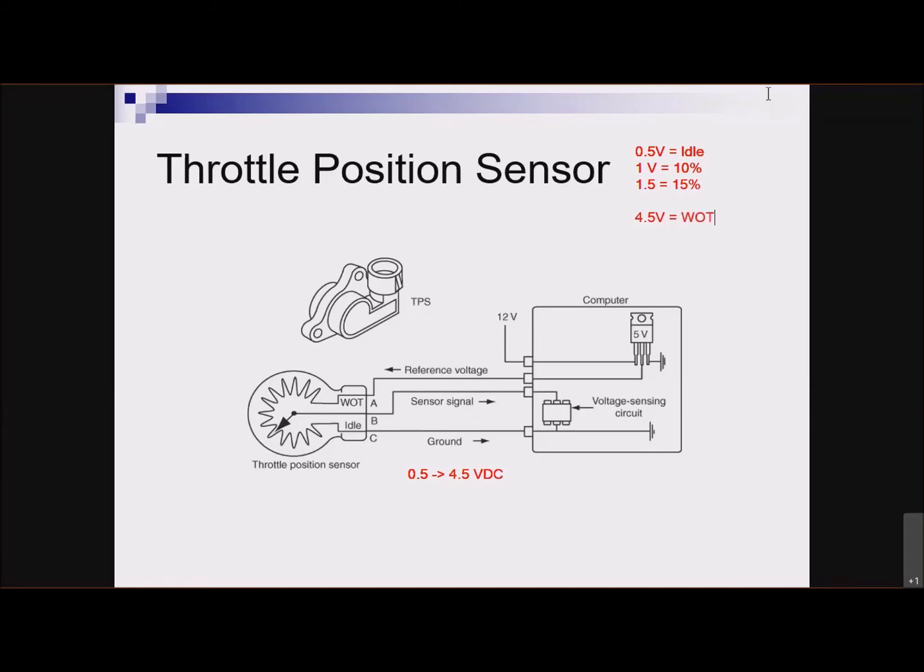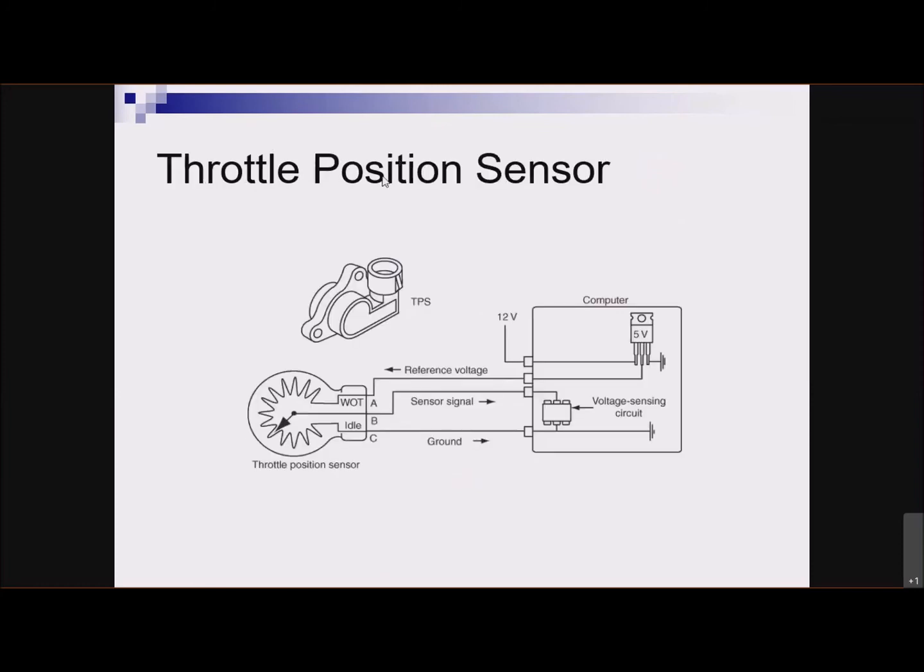So the computer just has a chart inside saying that certain voltage levels equal certain percentages of throttle opening. And the same would go if this was an accelerator pedal position sensor, if this was any kind of position sensor.